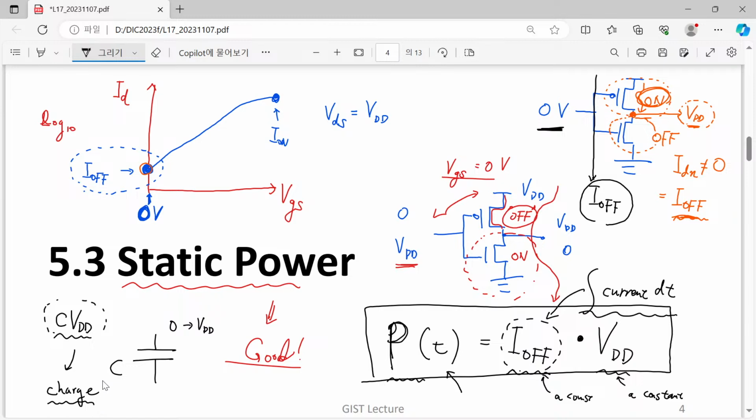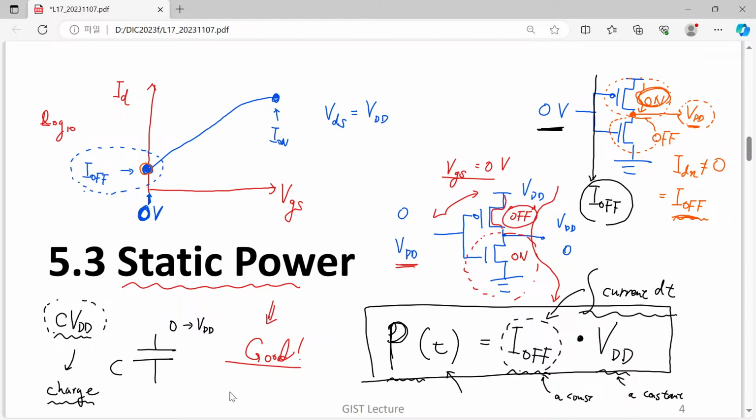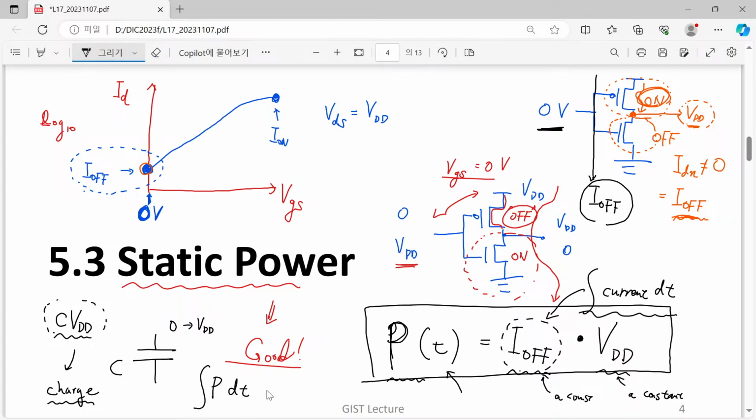So if we integrate over a certain time, then we can find the power energy dissipated during that time period, from 0 to t. That will be the energy dissipated during the time interval from 0 to t.